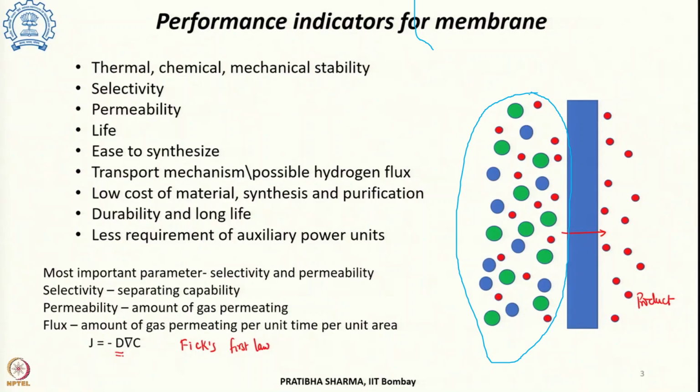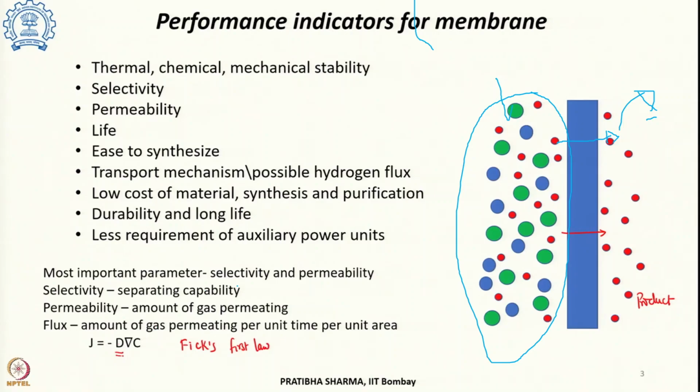In the previous pressure swing adsorption process, all other impurities were adsorbed by the chemicals, but here the membrane will allow only hydrogen to pass through the membrane and the others will remain on this side. Such that the pure hydrogen product can be separated.